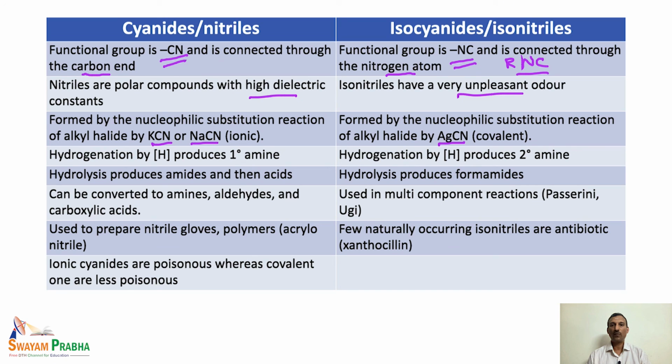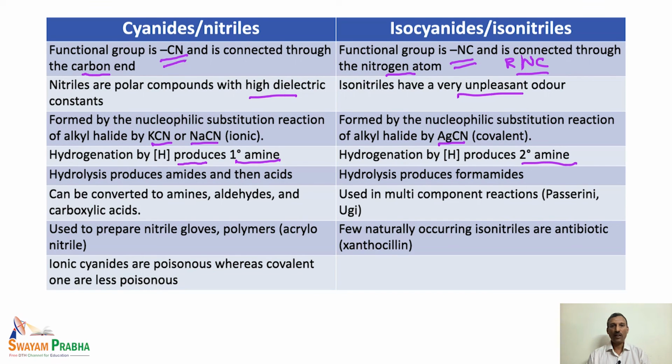So, the reaction of alkyl halides with silver cyanide produces isocyanides. And when we do the hydrogenation of cyanide, we end up with a primary amine as our reduced product. In the case of isocyanide, reduction produces secondary amines.